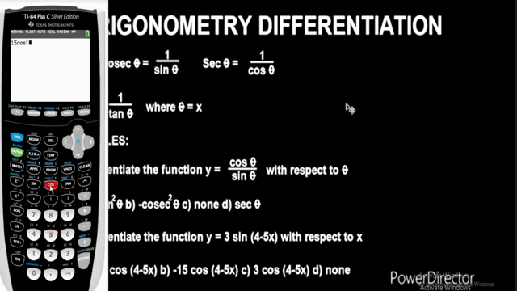Alright, press enter. 14.40, no, we got minus 14.40. So basically this option A is similar to this option B. The difference here is the negative sign. So the answer basically to this question will be option B.